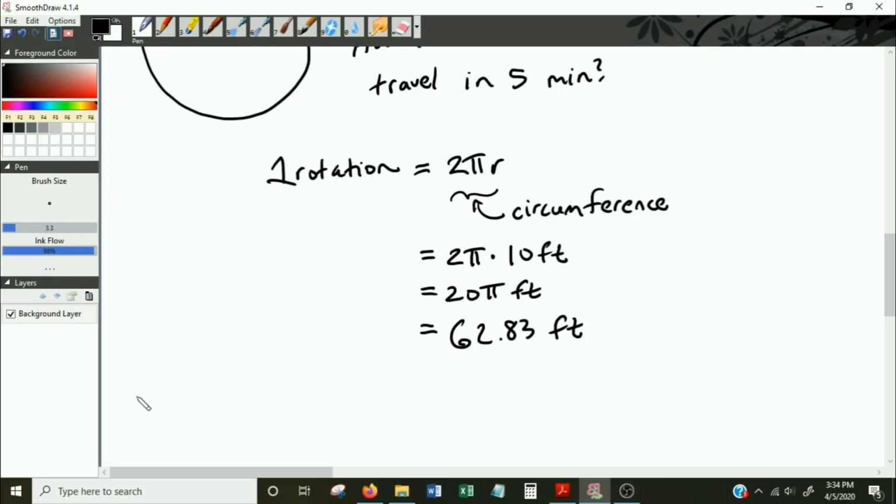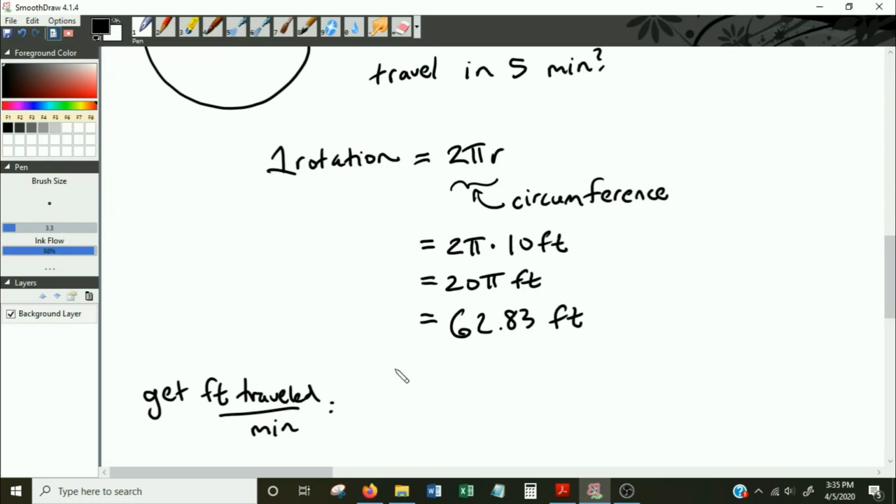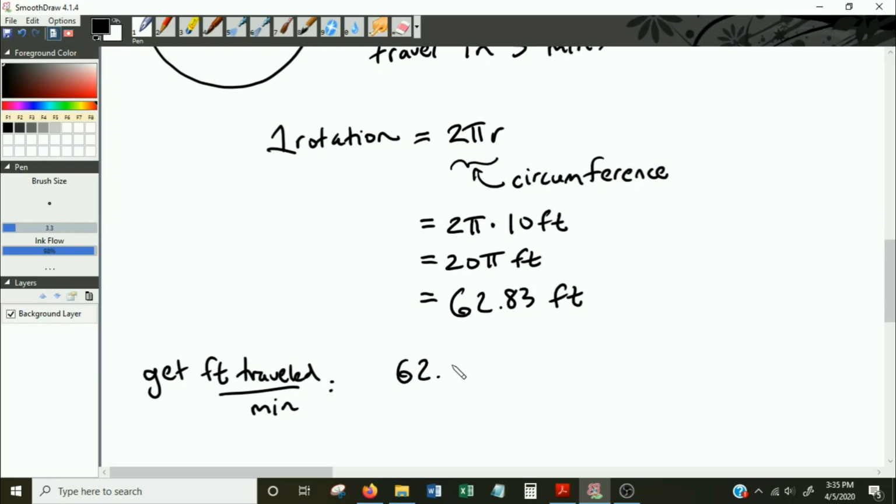So now what we want to do is get the number of feet traveled per minute. And we're going to basically say, okay, so it's 62.83 feet per minute, but this thing is rotating twice per minute. So, excuse me, not minute. 62.83 feet per rotation. There we go.